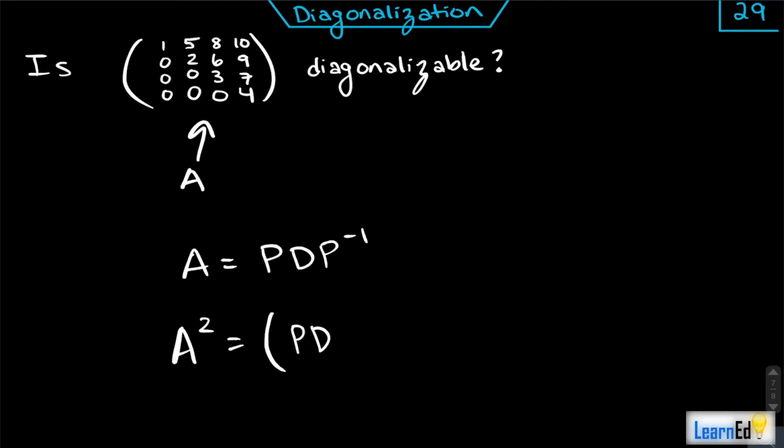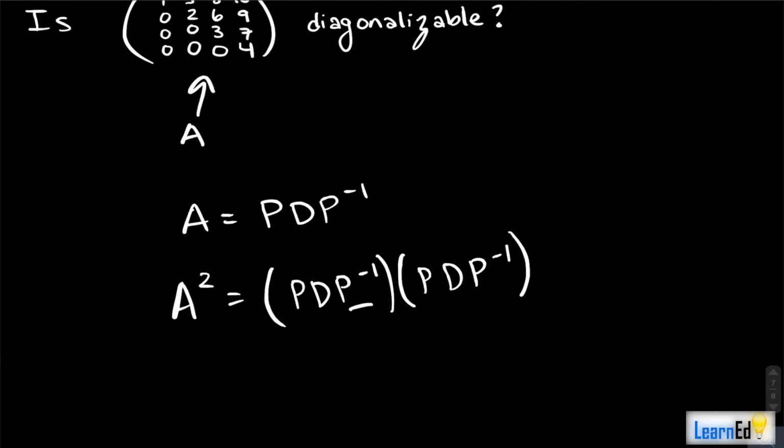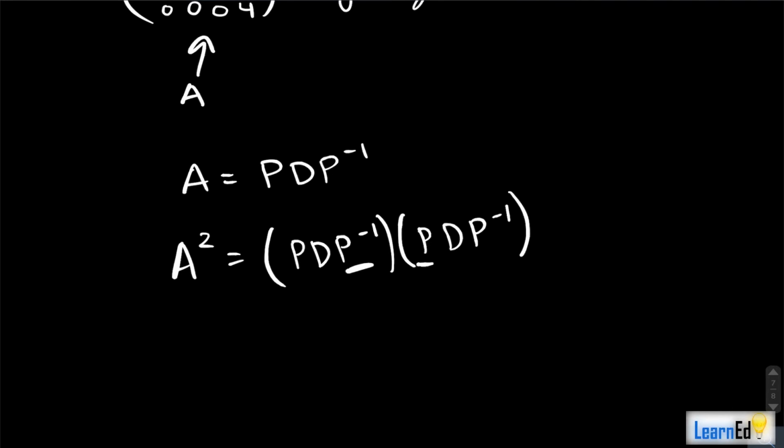We get PD P inverse times PD P inverse. P inverse times P is the identity matrix. So you get A squared equals P times D squared, P inverse.